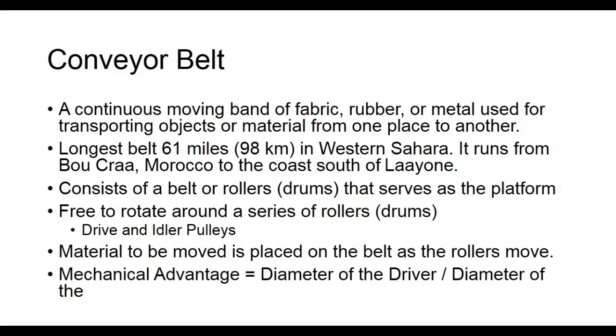They consist of rollers, drums that serve as platforms, rotating around a series of rollers, with drive and idler pulleys. Material to be moved is placed on the belt, right? And the rollers move, mechanically advantaged. I wouldn't know how to calculate the mechanical advantage of those rollers, because there's a lot of information we don't know.